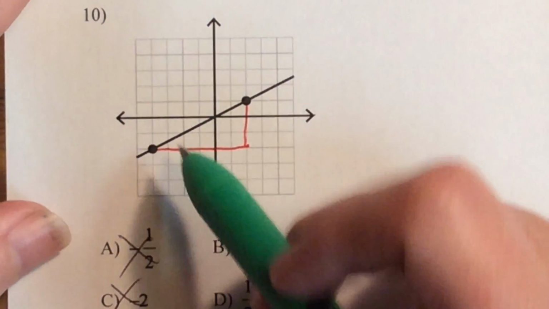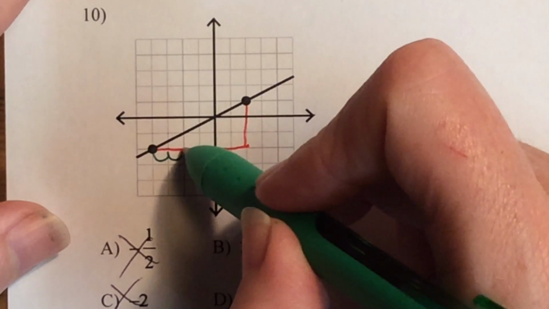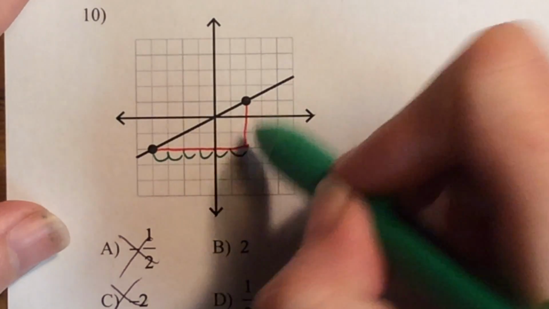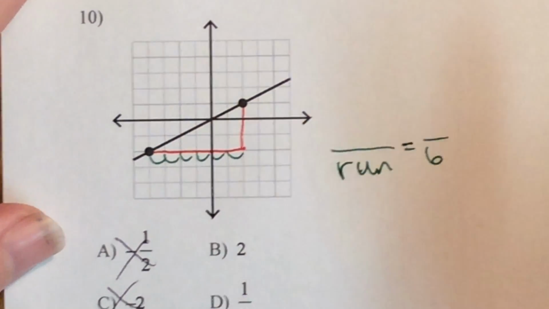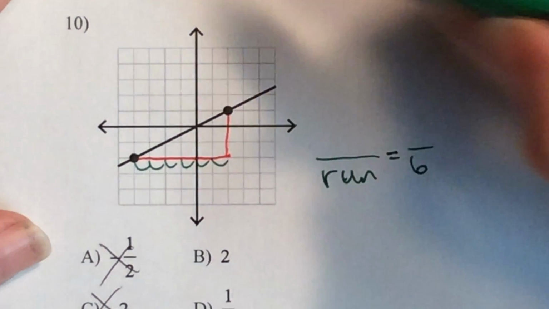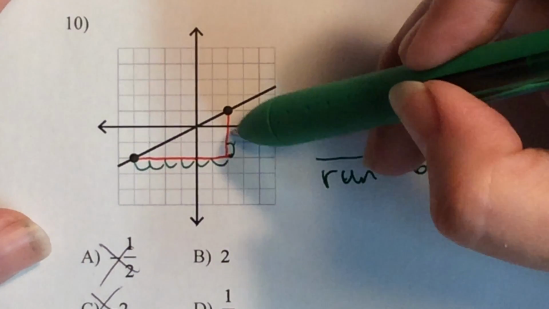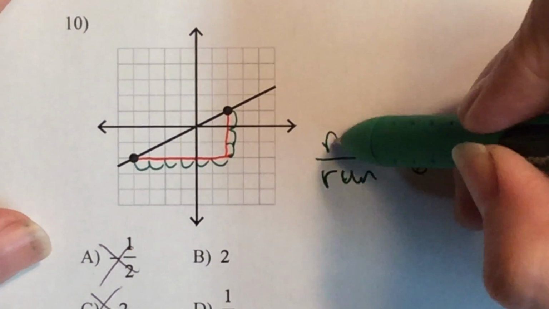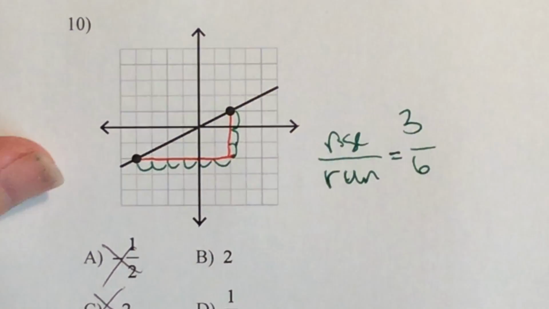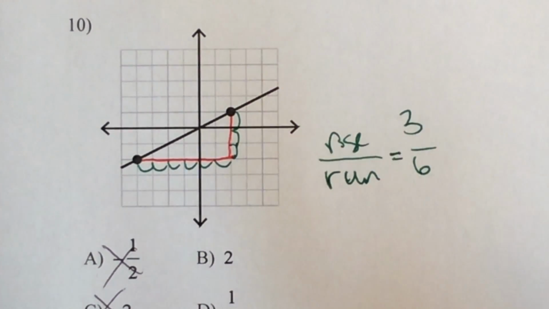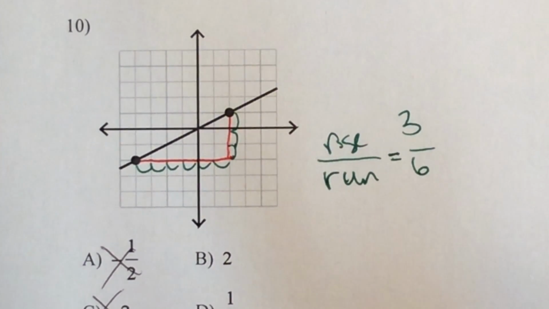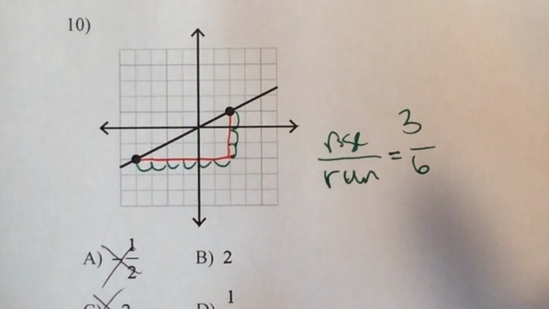Okay, so I'm going to run 1, 2, 3, 4, 5, 6. And I had to rise 1, 2, 3. Well, 3/6 is a reducible fraction. They both can be divided by 3. And 3/6 is 1/2.